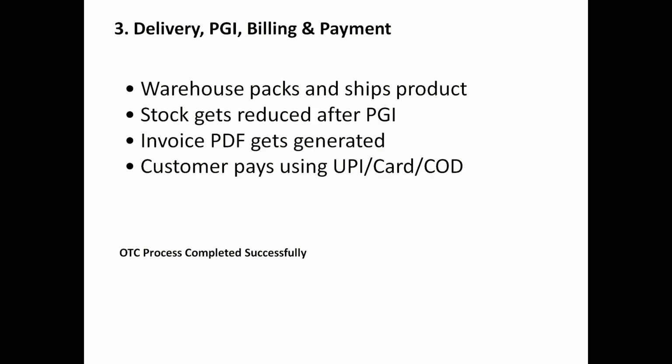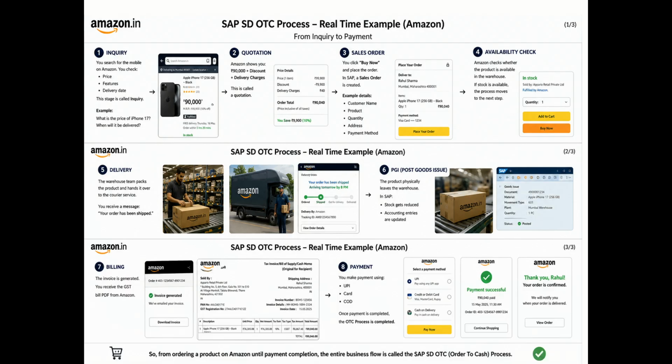During PGI the stock gets reduced and the invoice gets generated. After the invoice is generated, the customer pays the amount by using UPI or card or cash on delivery. Here the complete OTC process gets completed.